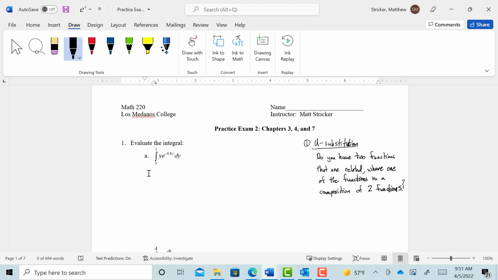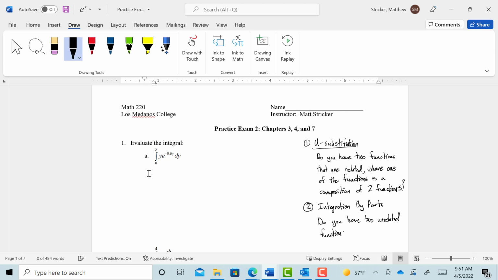Now, if they're not related, if those two functions are not related, then you're going to want to use integration by parts. So integration by parts is when you have two unrelated functions. So do you have two unrelated functions?